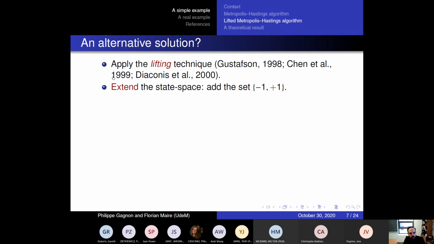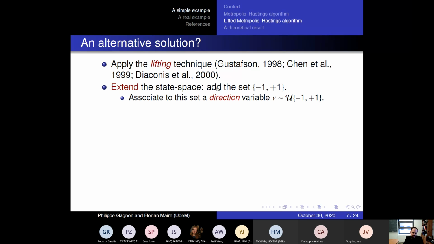So why is this technique called lifting? It's called lifting because you lift the state space, in the sense that you extend the state space to add something. In our case, we will add the set {-1, +1}. If we add a set to the state space, we want to associate a variable to it.